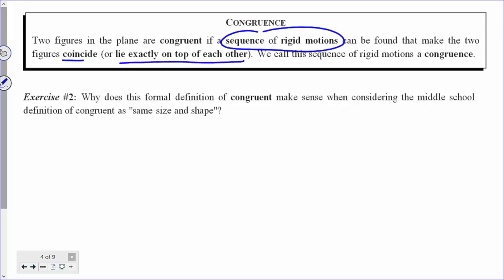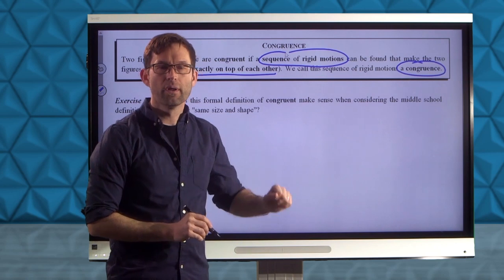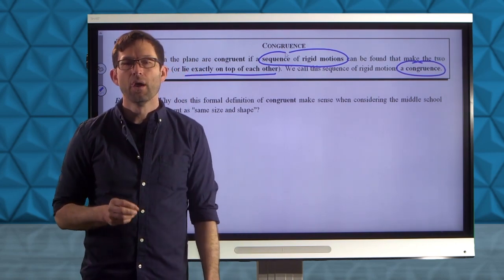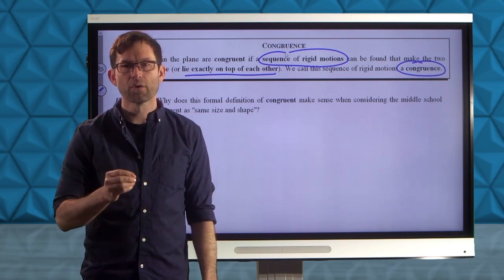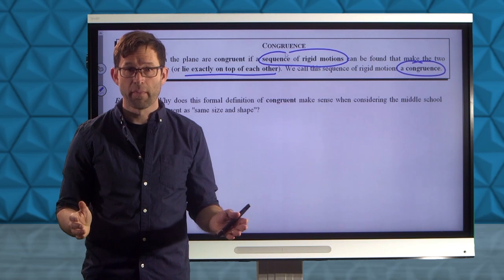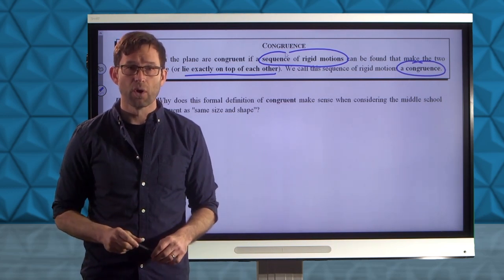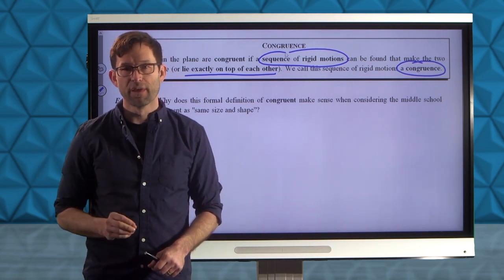We call this sequence of rigid motions a congruence. All right, that's not maybe so important. What is important is to understand that in high school geometry, what proves that two figures are congruent from a transformation perspective is whether or not you can find a sequence of rigid motions that maps one of the figures on top of the other.